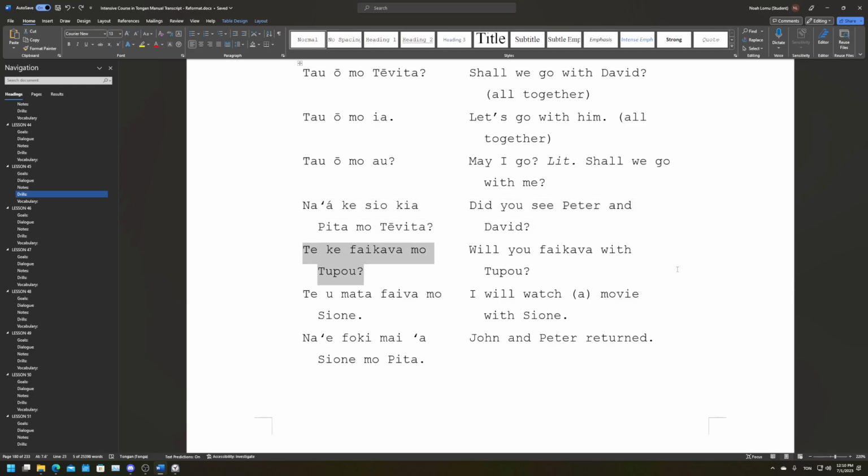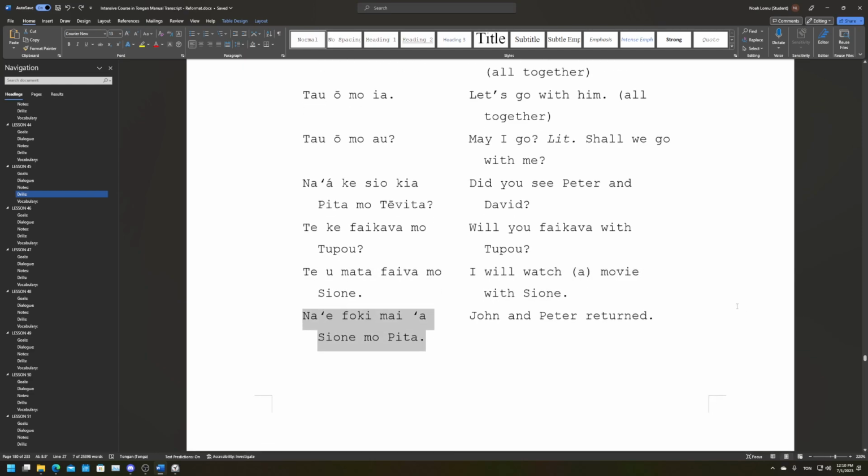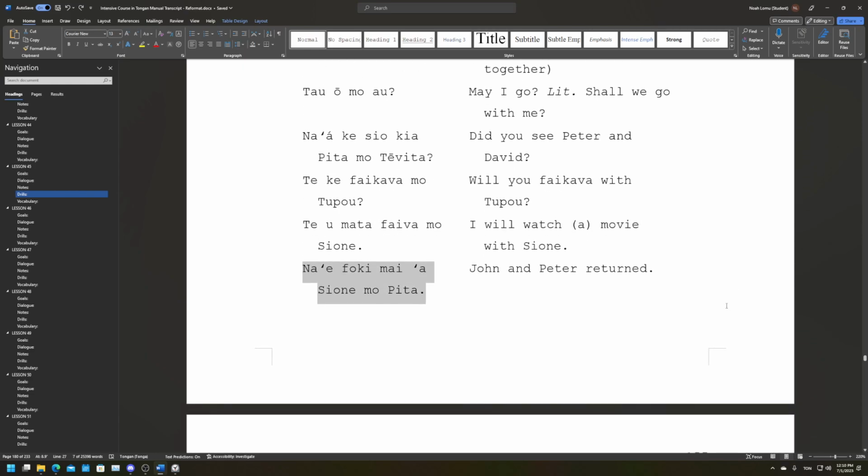Te whaikawa mo tu pou. Te matawhaiva mo sione. Nai foki mai sione mo pita.